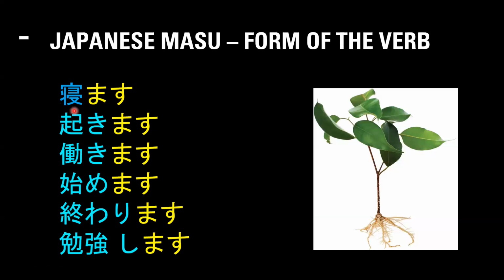Sorry, this one is nemas. Ne, which is sleep, tapos mas. Oki, ito yung o, ki, yeah, ito yung blue. Okay, sorry. Next is hatarakimas. Ito, it's a compounded kanji.